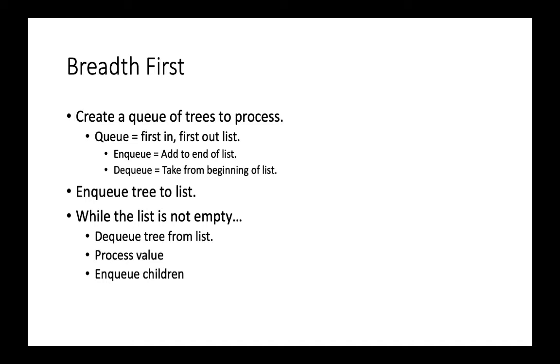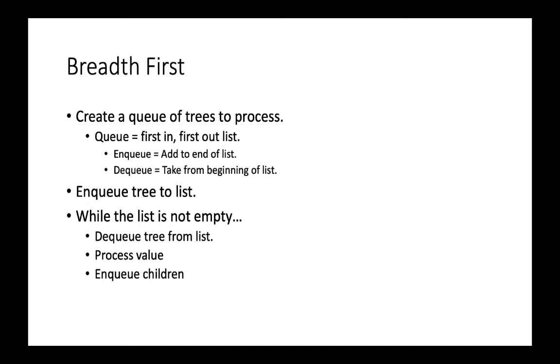Okay? And so you create a queue, and then you take the top level node, the tree that you're trying to process in a breadth first manner, and you put it on the queue. And now you go into a loop. And while the queue is not empty, you take the next thing out of the queue, you dequeue, and then you process the value at the top of that tree, and then you retrieve its children.